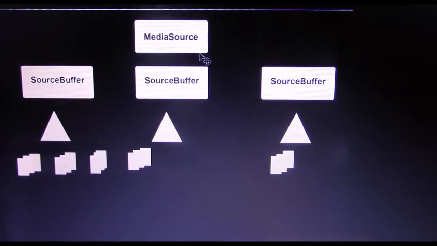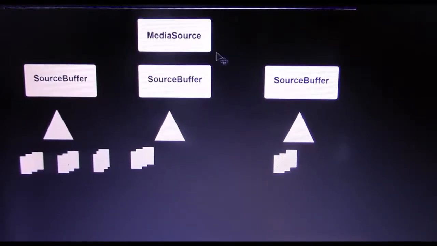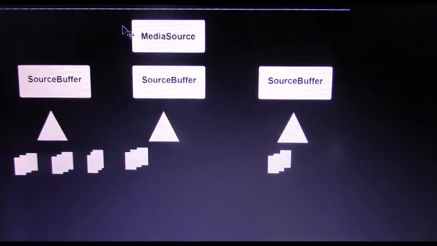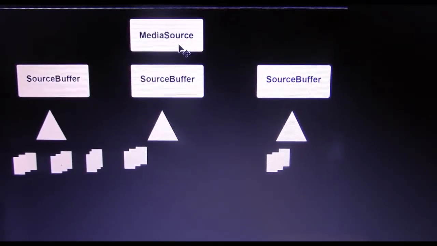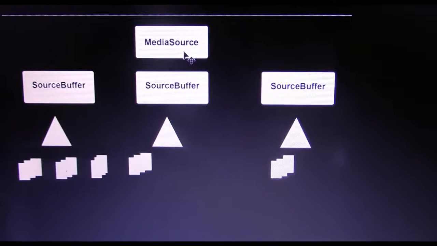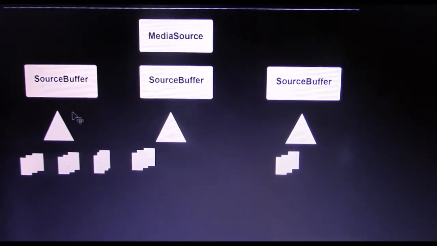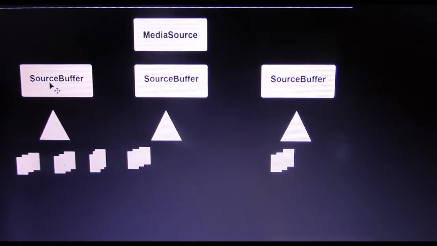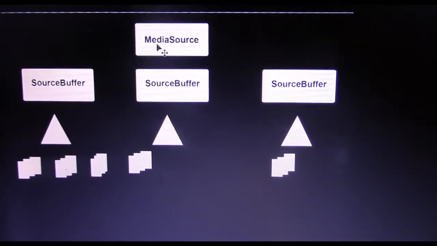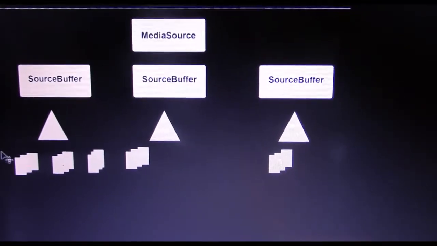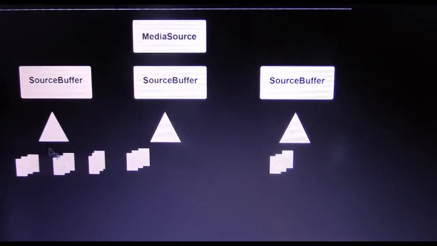It is a requirement that at least one source buffer instance be added to the instance of the media source class. The source buffer objects added to the media source instance are managed with track buffers inside them.